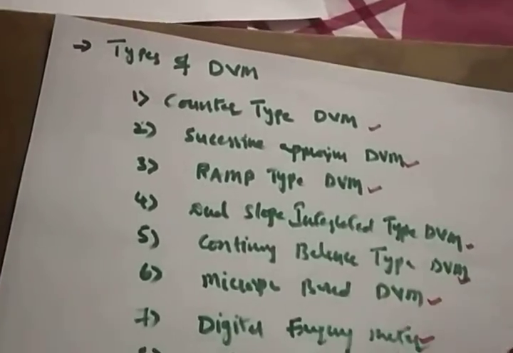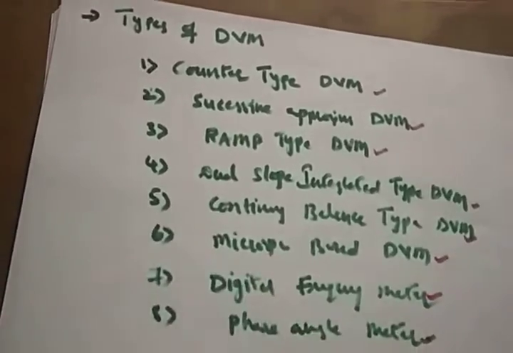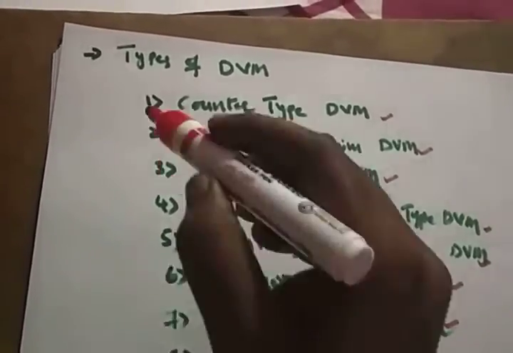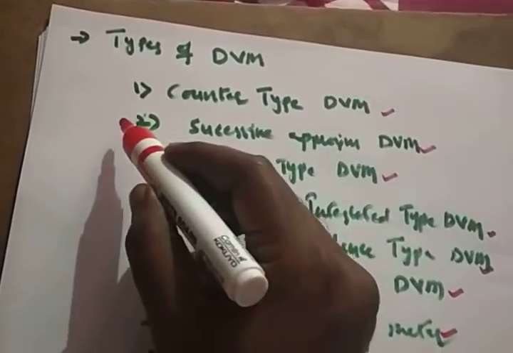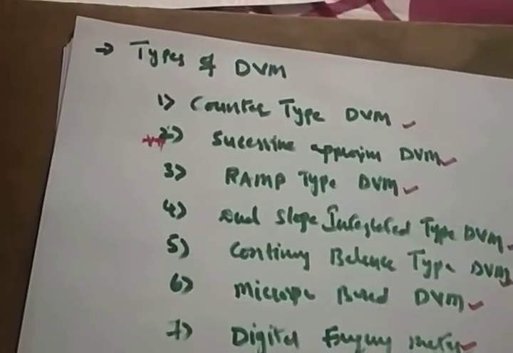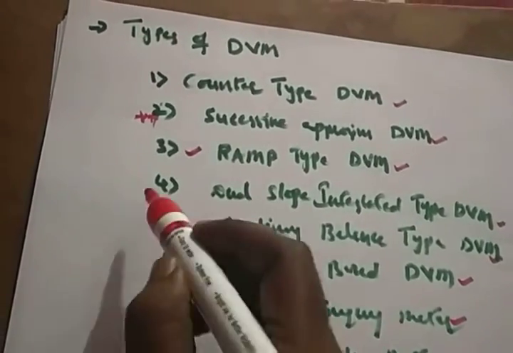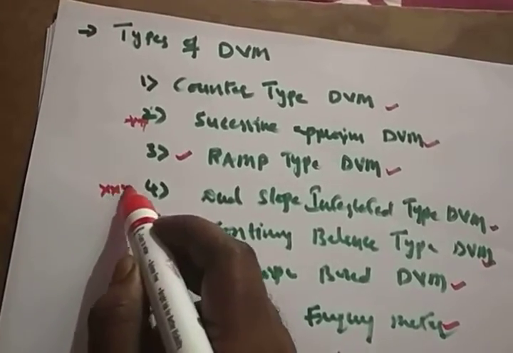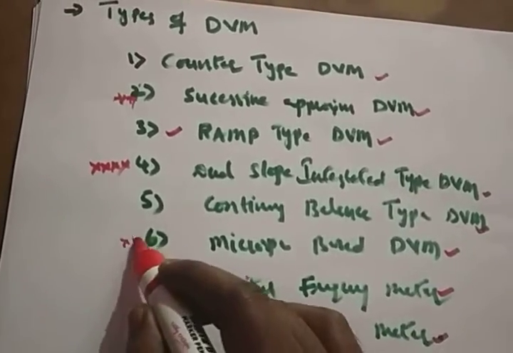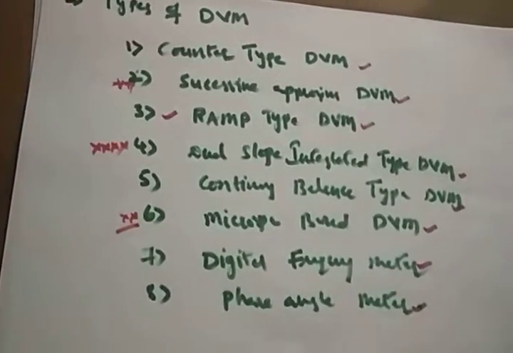We will discuss all of them with neat examples. But the most important concepts are, first, successive approximation, which is very important. After that, ramp type and dual slope integrated type are very important. The remaining are somewhat important, and we may definitely get questions from them.